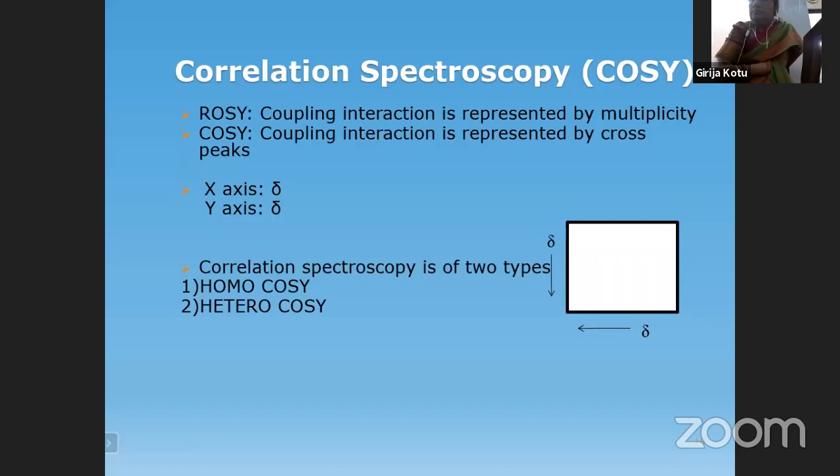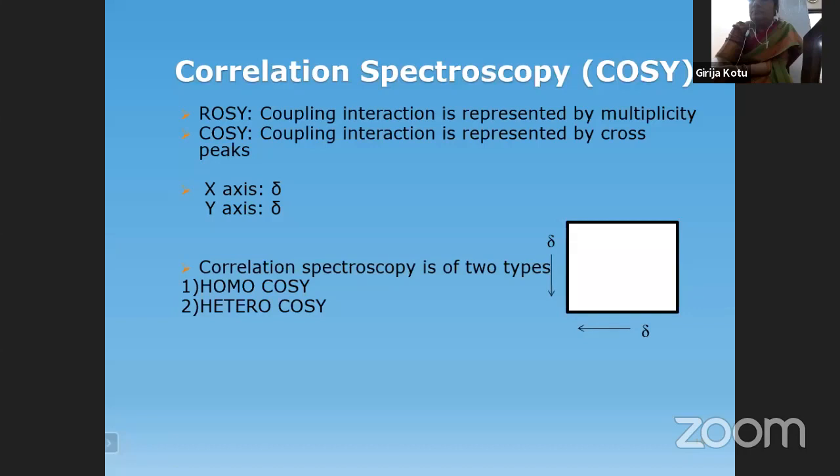And in connectivity, in correlation spectroscopy, the same interaction is shown not in the form of multiplicity, but it is represented in the form of a cross peak. So it is again the same information that we are going to see here, but in a different way, in the form of correlation diagrams.